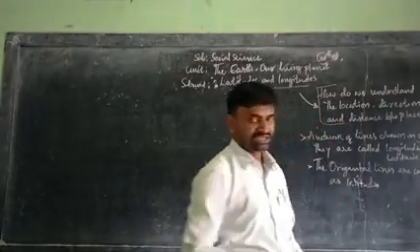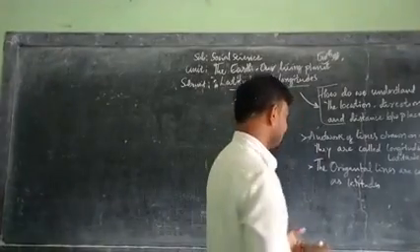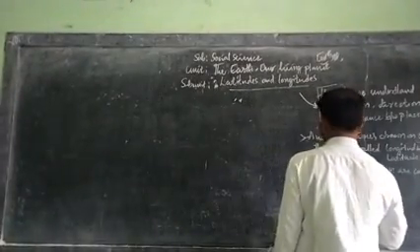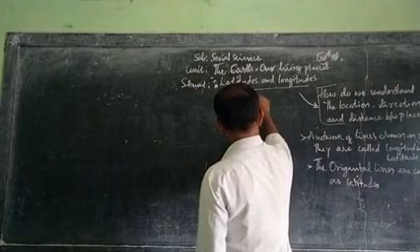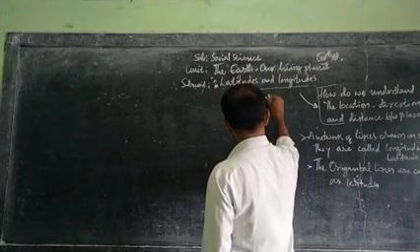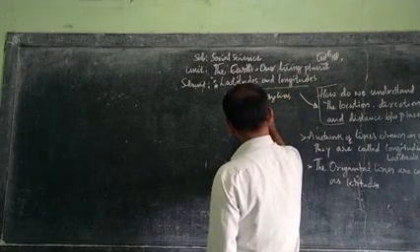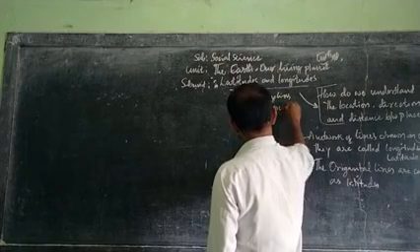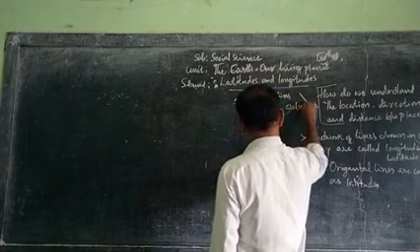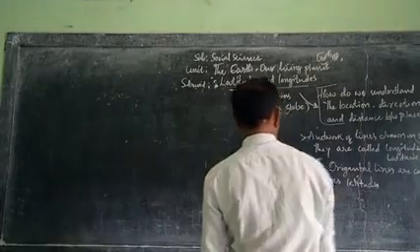The horizontally drawn imaginary lines. These are all imaginary lines drawn on the globe. See, they are called latitudes and longitudes.